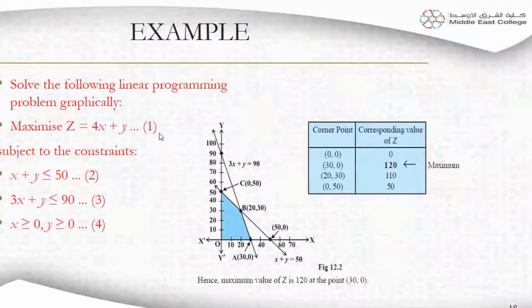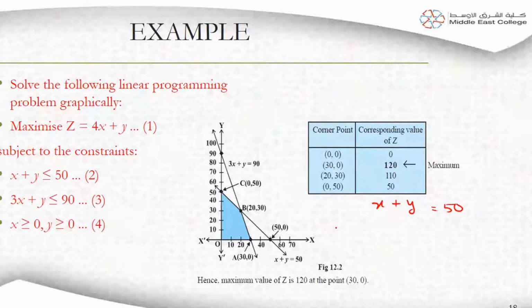Okay, first, when you want to solve the question, don't worry about what the graph function is. Look at the constraint x plus y less than or equal to 50. Don't take the symbol also. First take the equation. So the equation is x plus y equal to 50.